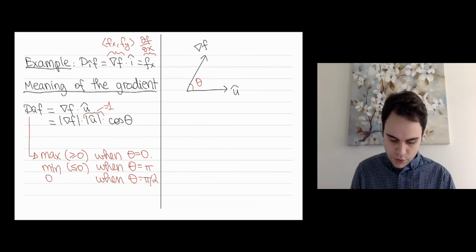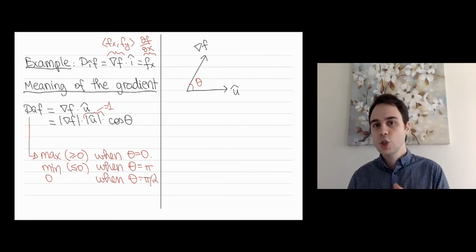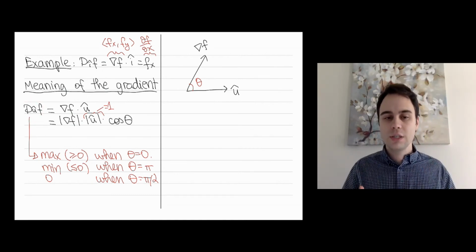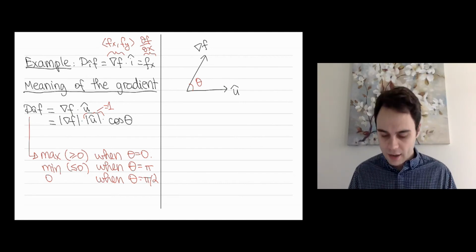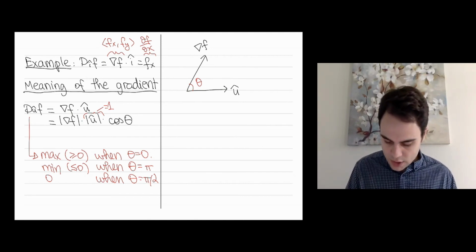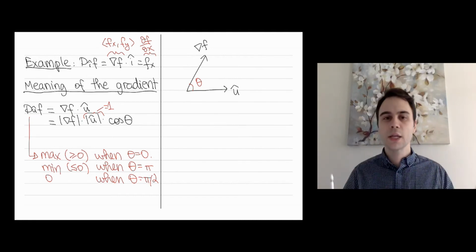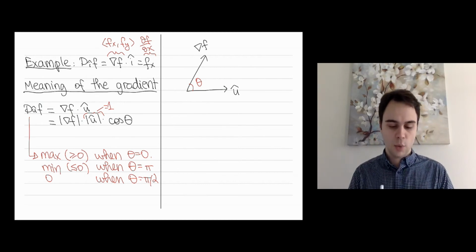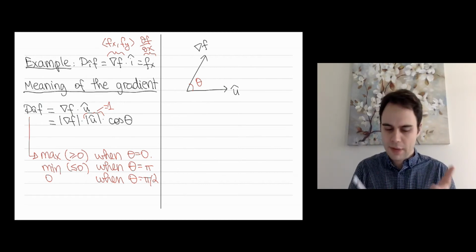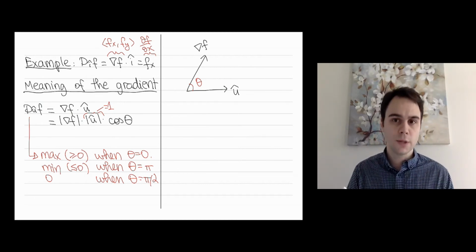So if I want f to increase as fast as it possibly can, let's say I'm somewhere in the xy plane, and I want to increase the function f. Maybe f is profit.